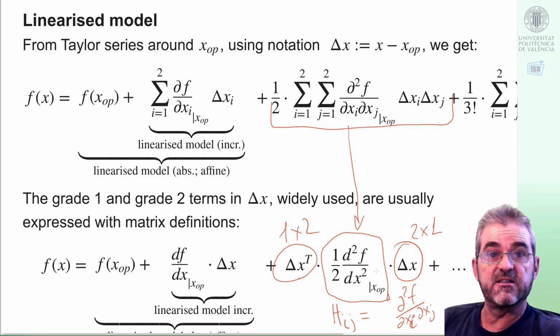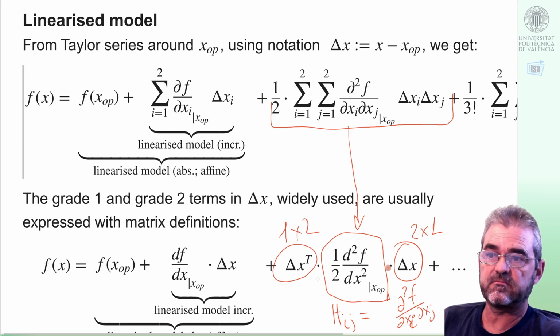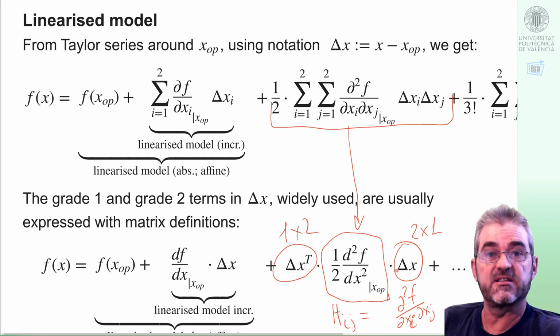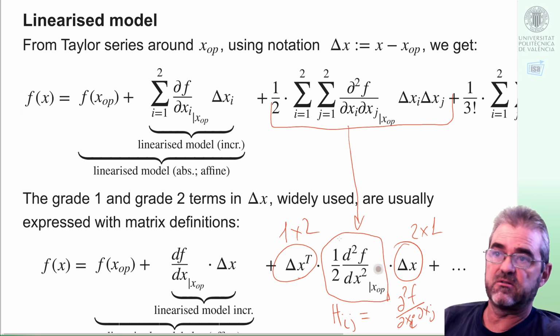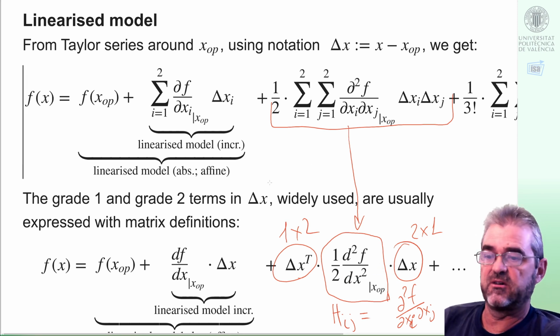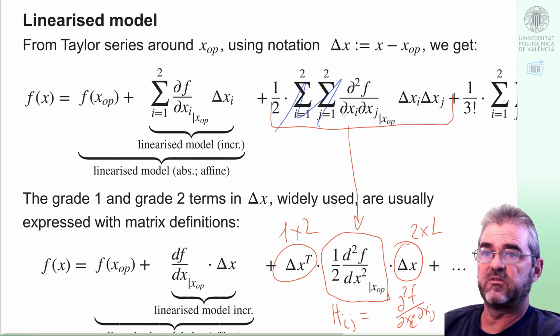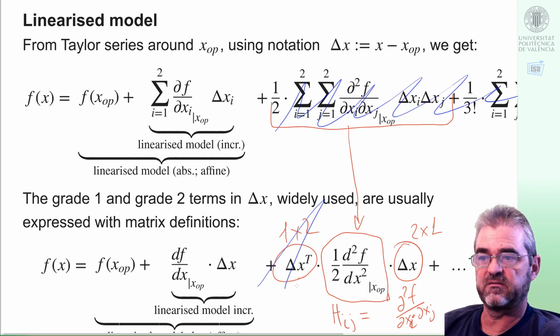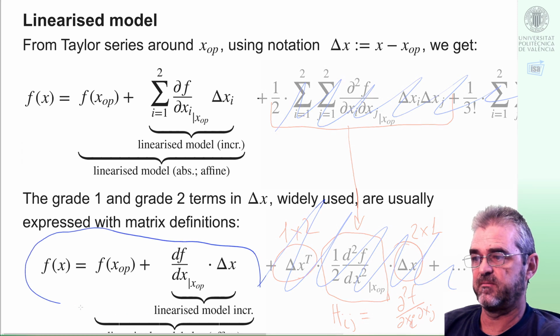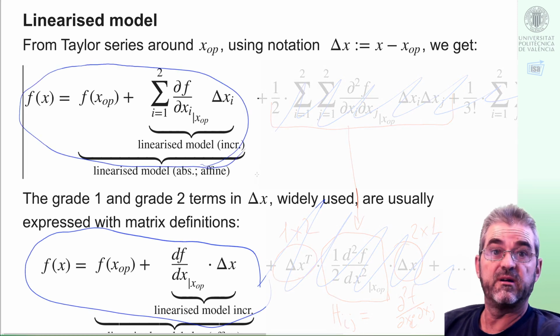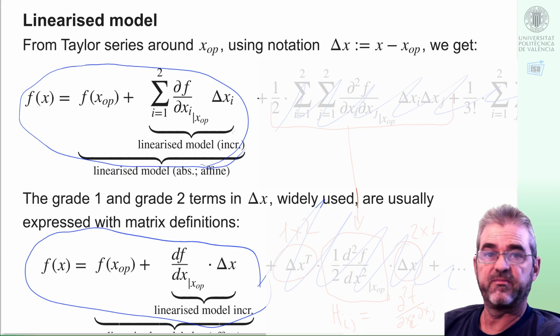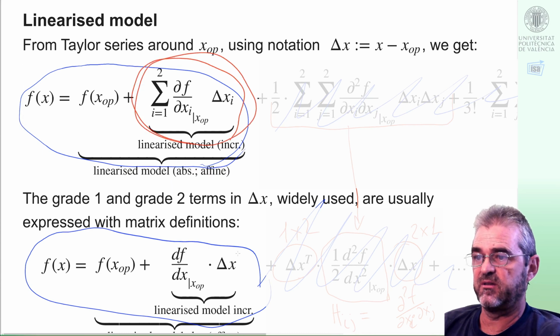And so in some cases we'll use it when analyzing the linearization error later on in a sequel video. Well, in some cases then this Hessian is used, but the linearized model basically consists of forgetting about all this stuff and keeping this stuff, or in incremental notation, just keeping this.